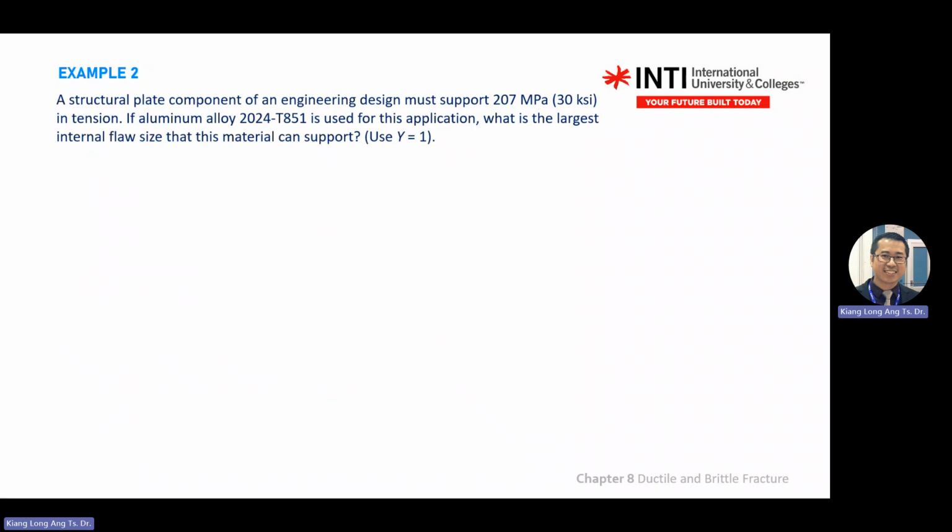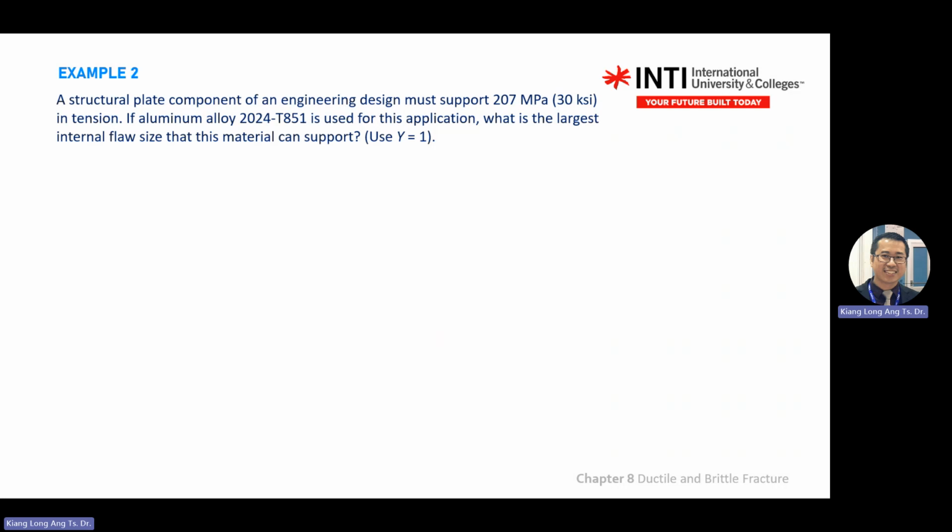Okay, so this one you see how you apply. You're given a plate with 207 megapascal stress in tension. So it's a tensile test, tensile loading. If aluminium alloy is used, what is the largest internal flaw size that this material can support? It gives you the A. Use Y equals 1.